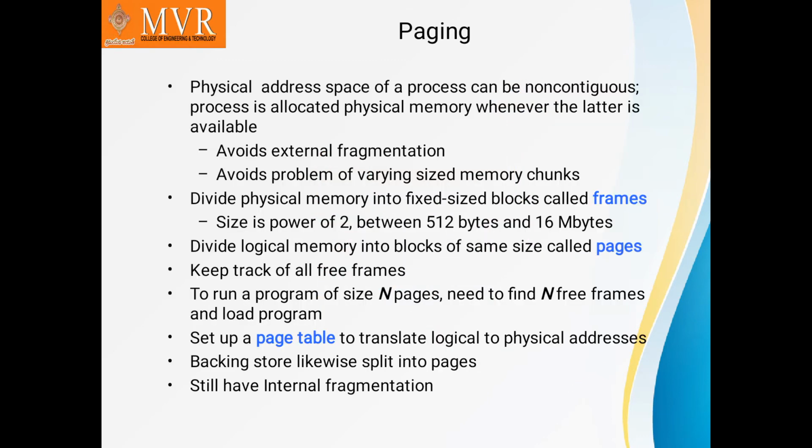And paging, which is nothing but the physical address space of a process can be non-contiguous. The process is allocated physical memory whenever the latter is available, and it avoids external fragmentation, and it solves the problem of varying size memory chunks. It divides physical memory into fixed size blocks called frames, with the size a power of 2 between 512 bytes and 16 M bytes.